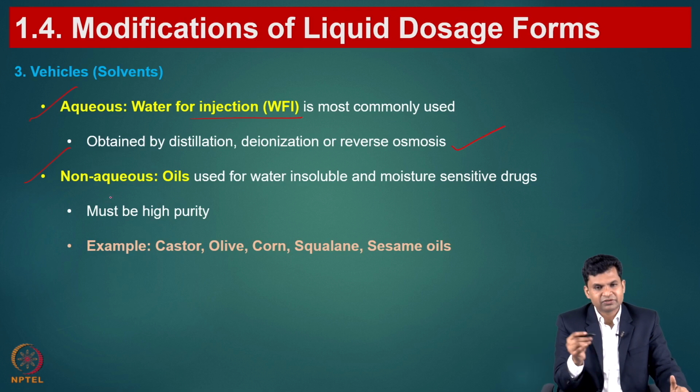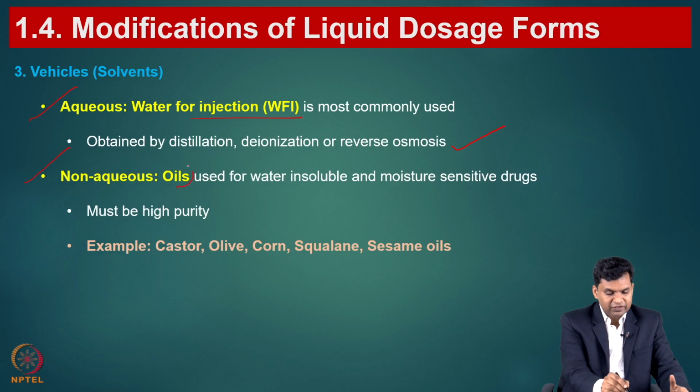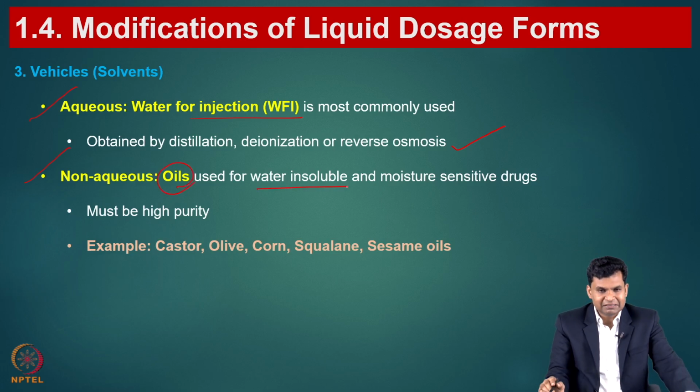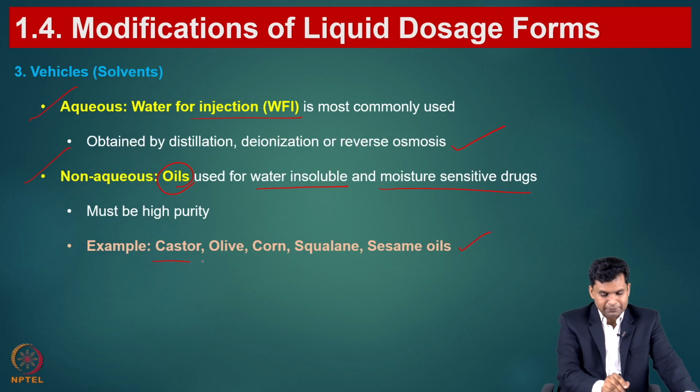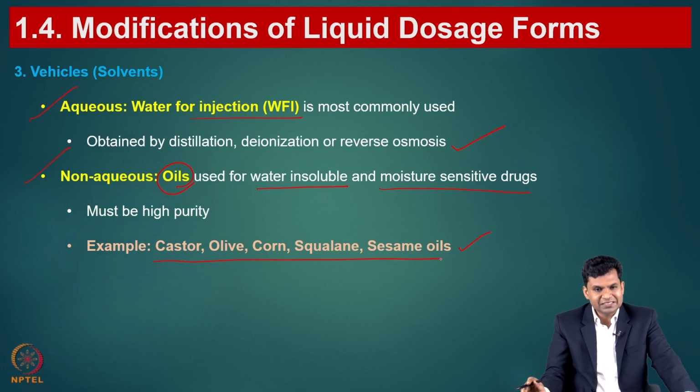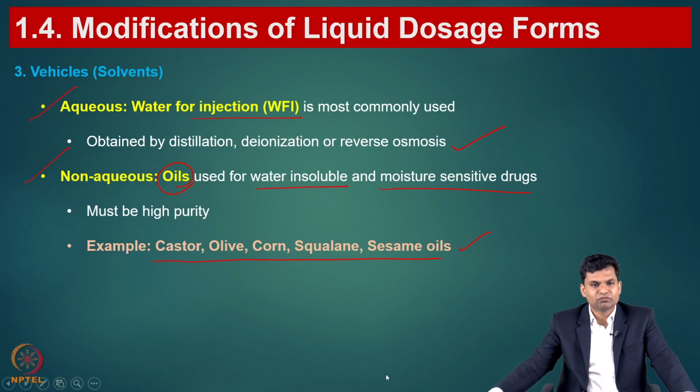And for non-aqueous, if a drug is water insoluble, we can use oils to solubilize the drugs, and there are drugs which are water or moisture sensitive that can also use it. These are a few types of oils: castor oil, olive oil, corn oil, squalene oil and sesame oil, which can be used as examples of non-aqueous vehicles.